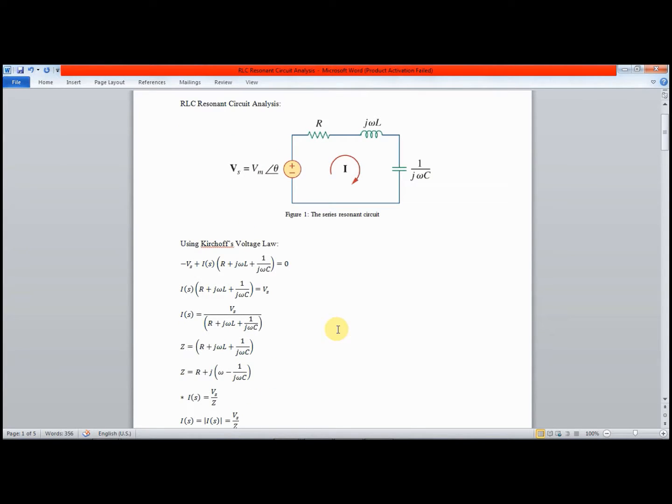Okay, next let's take a look at how we plot the frequency response, which is Is versus frequency, omega, using MATLAB.